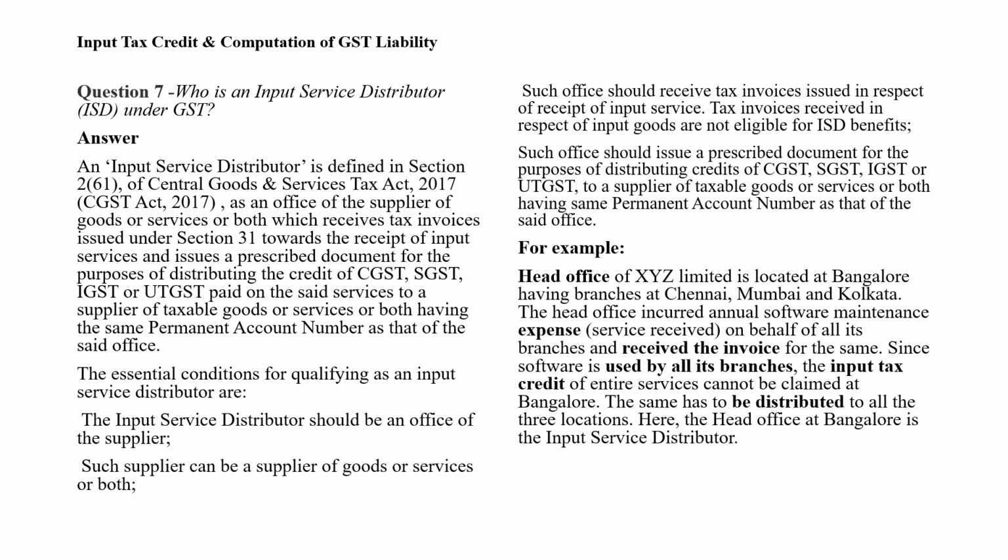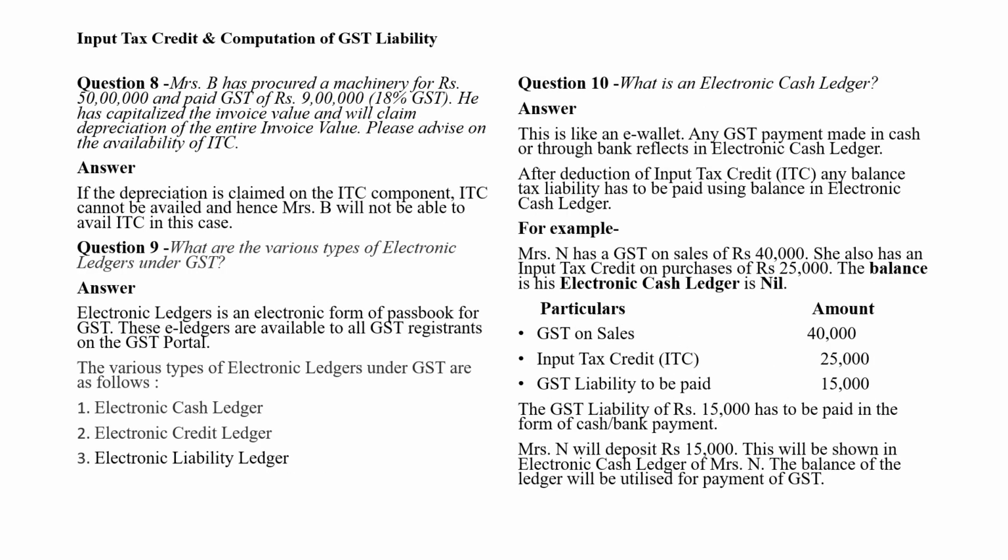Since the software is used by all its branches, the input tax credit of the entire service cannot be claimed at Bangalore. The same has to be distributed to all the three locations. Here, the head office at Bangalore is the input service distributor.